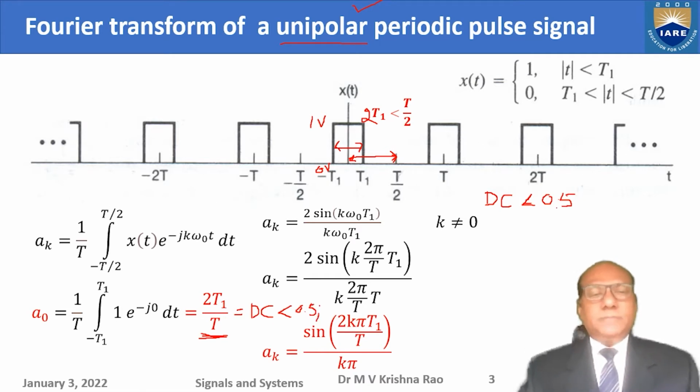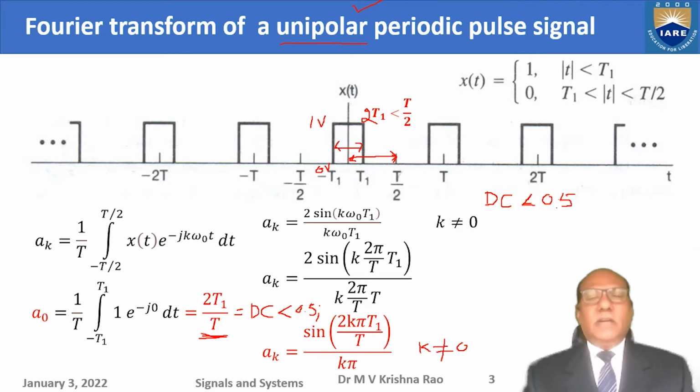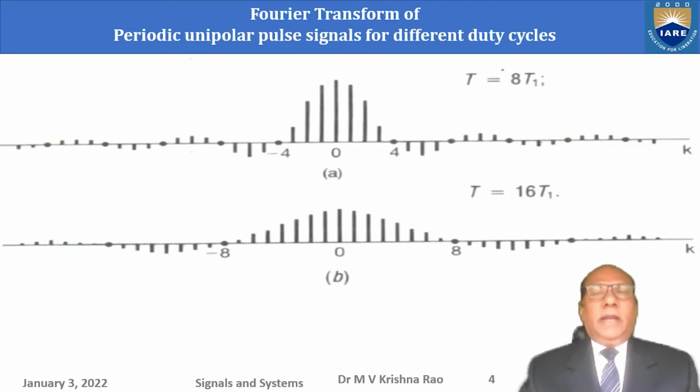If I take the AK coefficients, the Fourier series coefficients for k not equal to 0, that means k equal to 1, 2, 3 etc., and k equal to -1, -2, -3 etc., we know that it follows a sinc function. In the previous classes we have already discussed this. I am just reviewing here, and I am showing the sinc function.